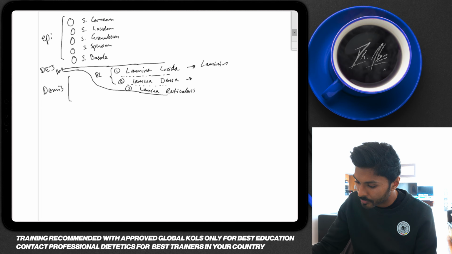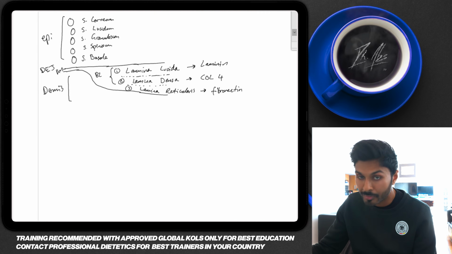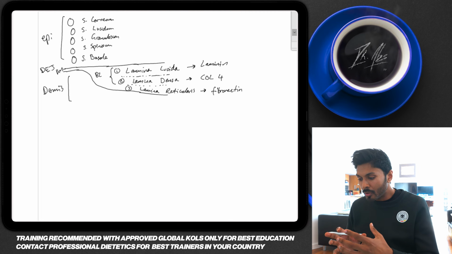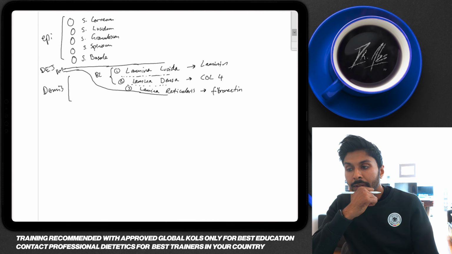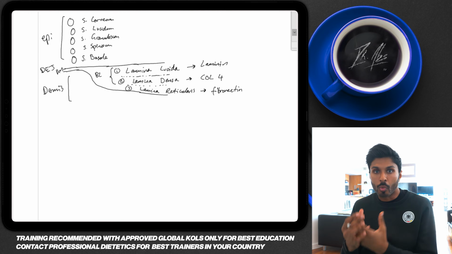Lamina densa, specifically on collagen type 4, COL4. And the lamina reticularis is heavily dependent on fibronectin, okay?